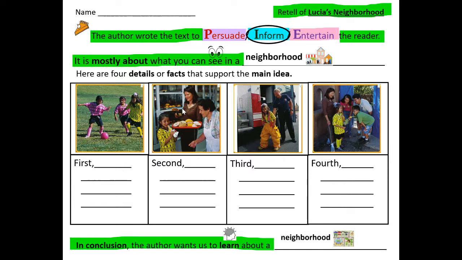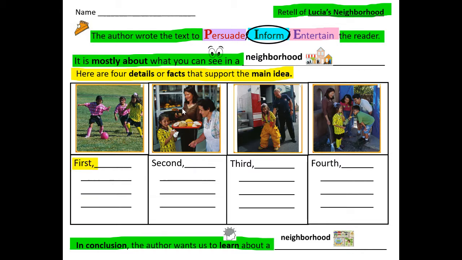The neighborhood. In conclusion, the author wants us to learn about a neighborhood, Lucia's neighborhood. So here are 4 details or facts that support the main idea, and those are the 4 retelling pictures we've already talked about, so you already know these.